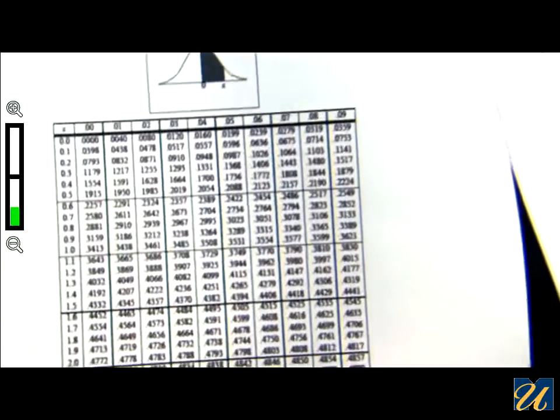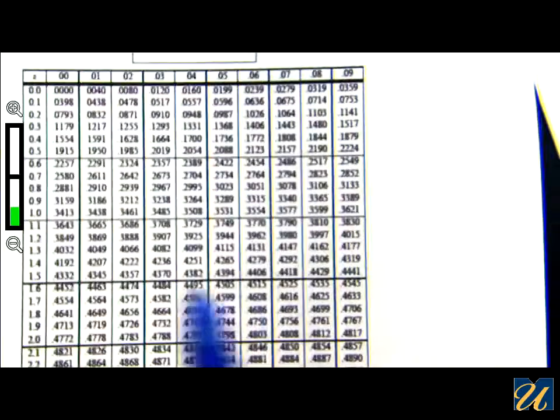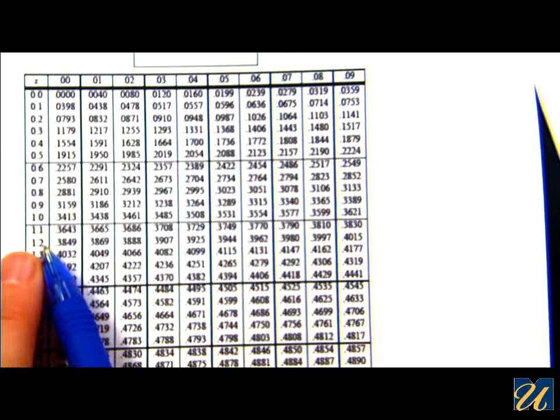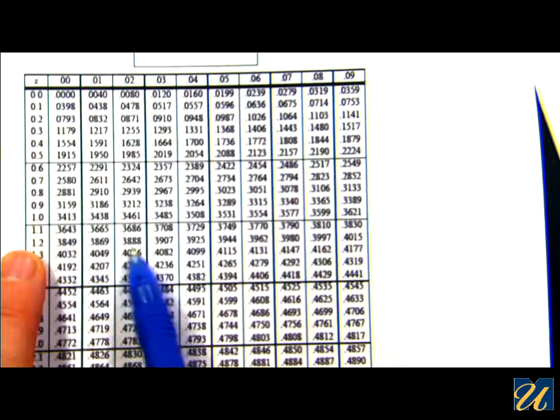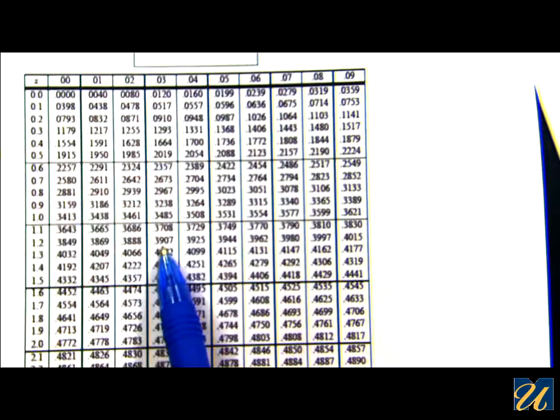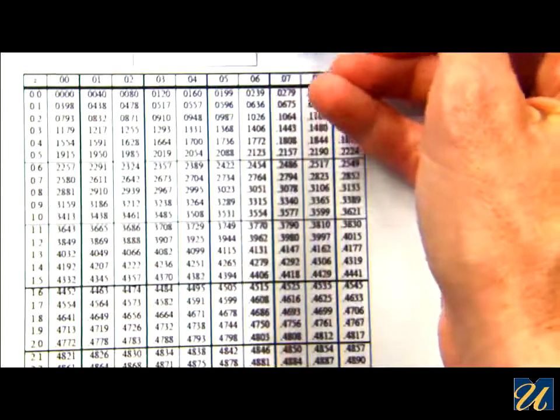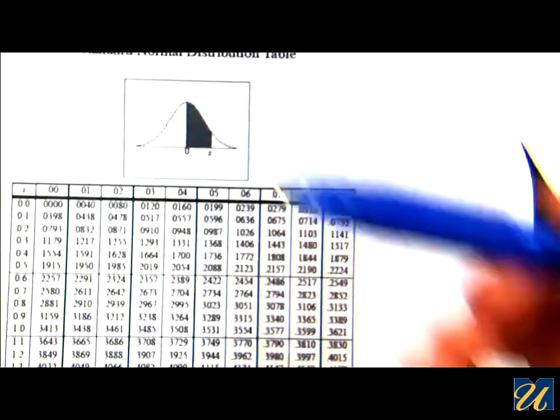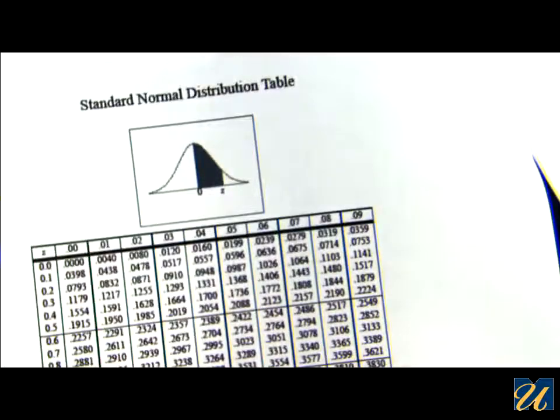You would go to your table. 1.2 is right here, and you would move across to find 0.3, which is right here. Where do these two meet? This will be the probability 0.3907, which means this area would be 0.3907. So this is how you read your table.